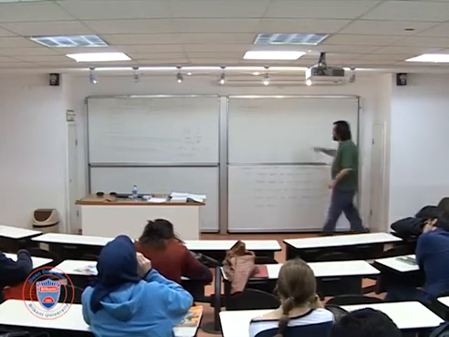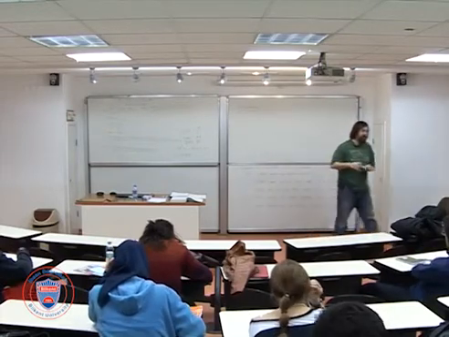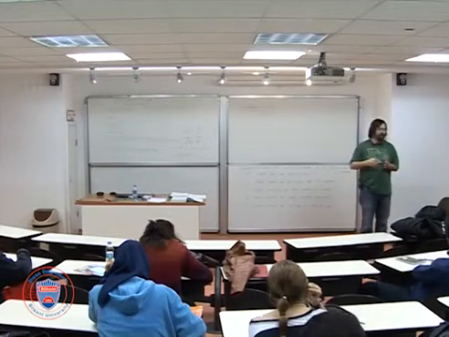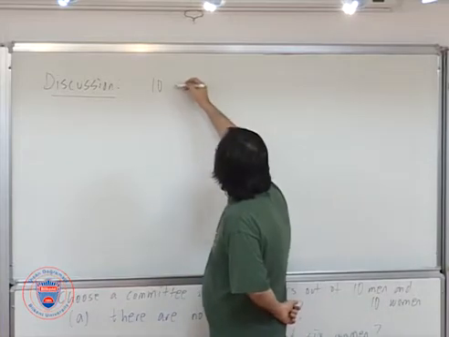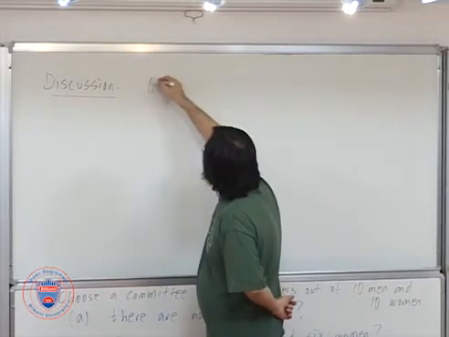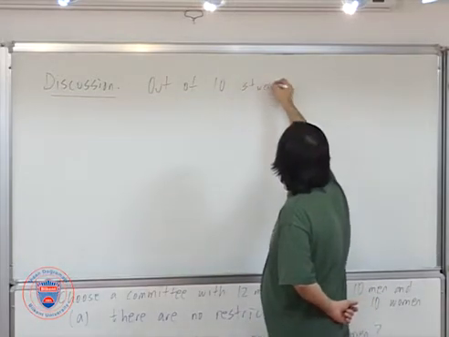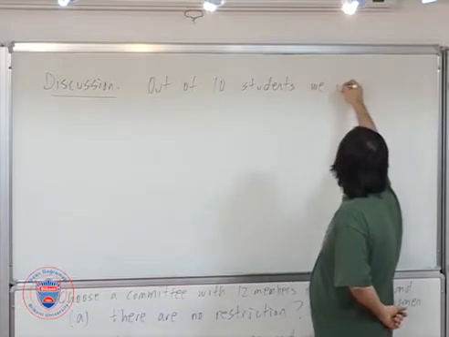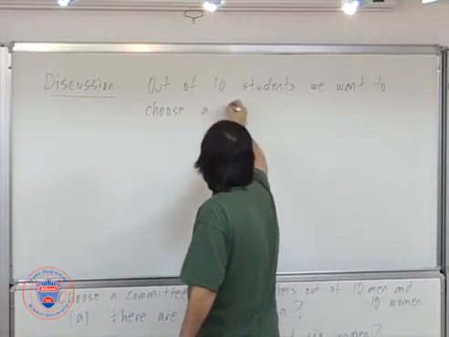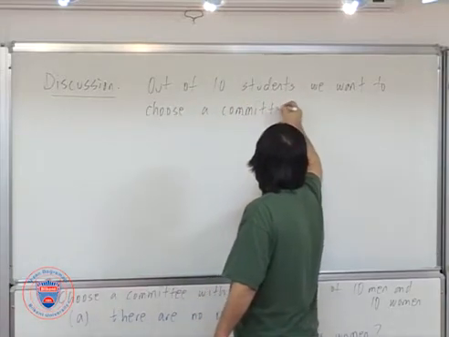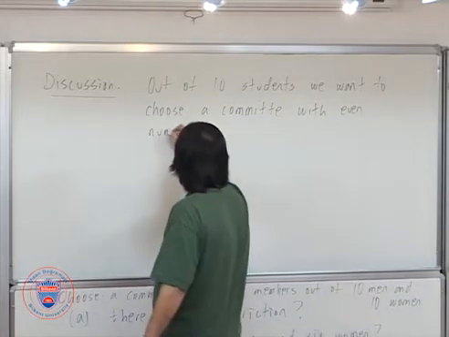Okay, think about it. I will ask you something much simpler. Suppose you have 10 people, and you're choosing some members. Out of 10 people, or 10 students, we want to choose a committee with an even number of members.